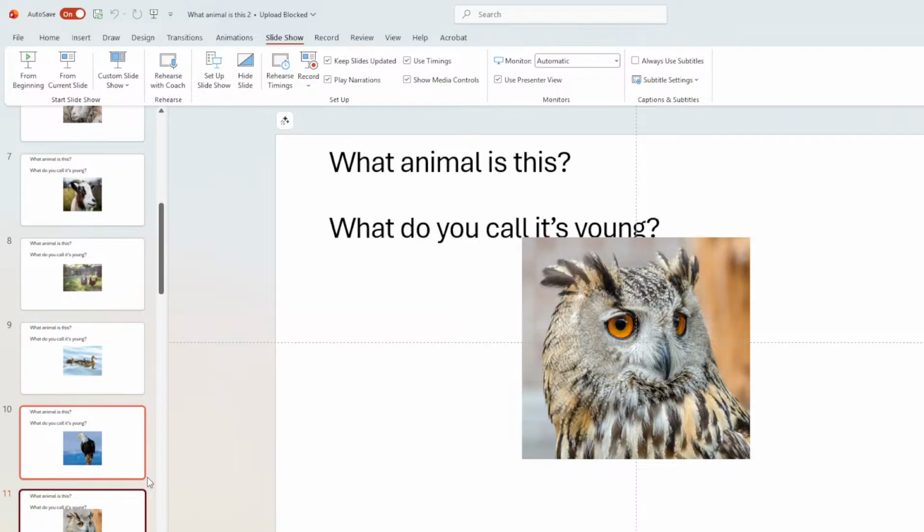Is there anything that is interesting about this bird that you may want us to know? But first things first, we need the name.